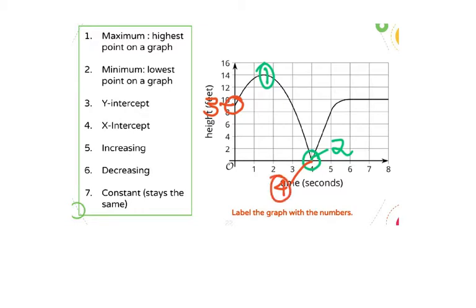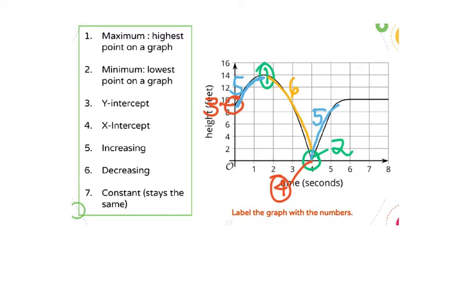Increasing. So I'm going to show, there's 2 places I'm going to put a 5. Right here. This is increasing. And right here. This is also increasing. Decreasing. Let's go yellow for decreasing. Decreasing right here. So this is 6. And that's it on the decreasing.